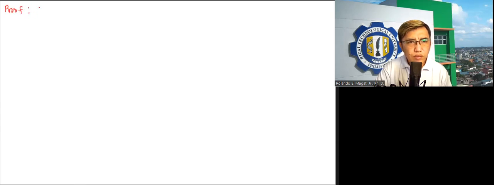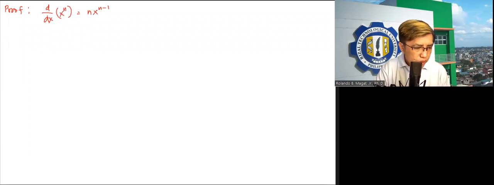What we need to show is that the derivative of x to the n power is n times x raised to n minus 1. And take note again that n here belongs to the set of positive integers.